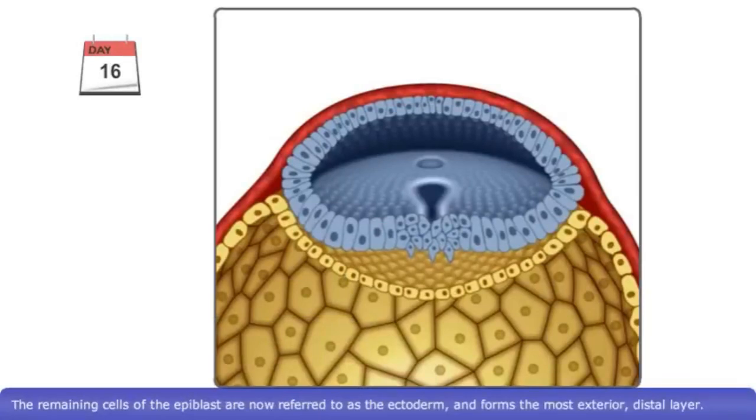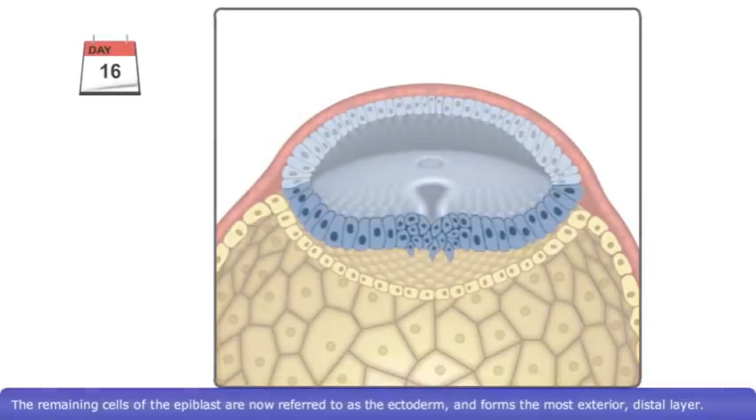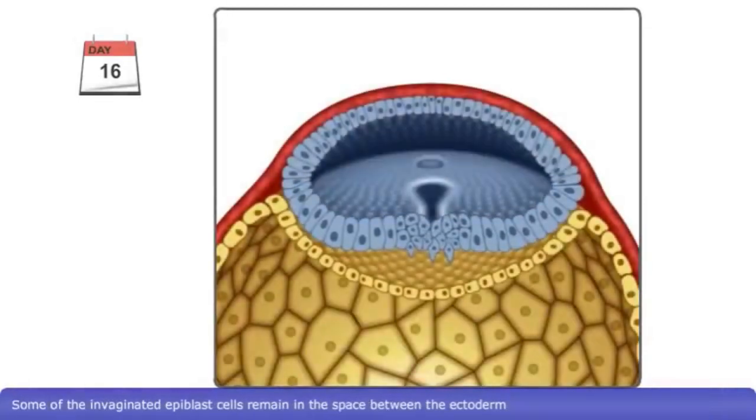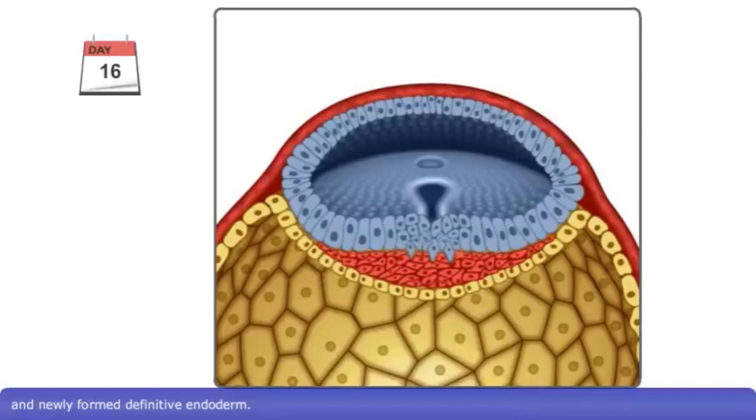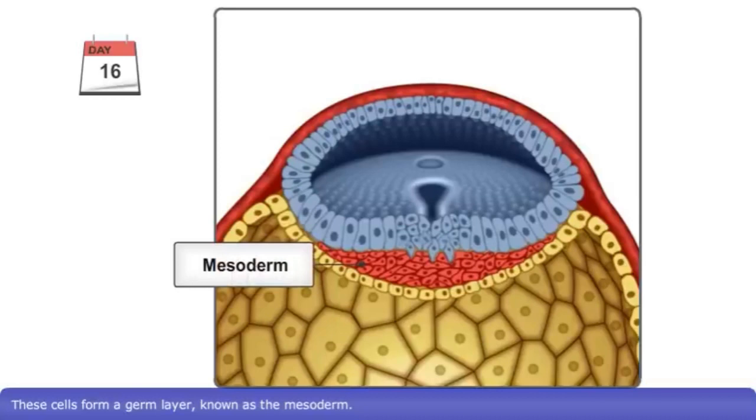The remaining cells of the epiblast are now referred to as the ectoderm and form the most exterior distal layer. Some of the invaginated epiblast cells remain in the space between the ectoderm and newly formed definitive endoderm. These cells form a germ layer known as the mesoderm.